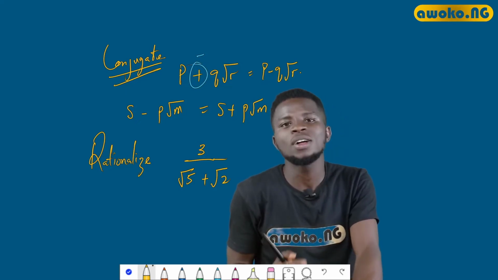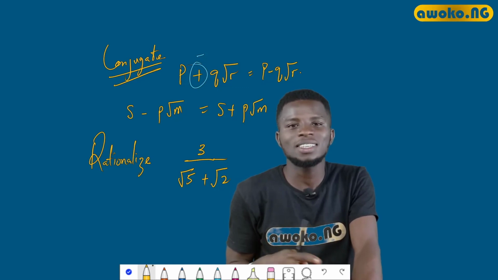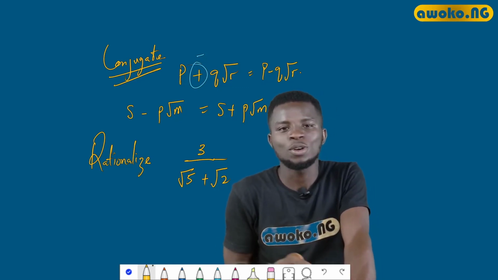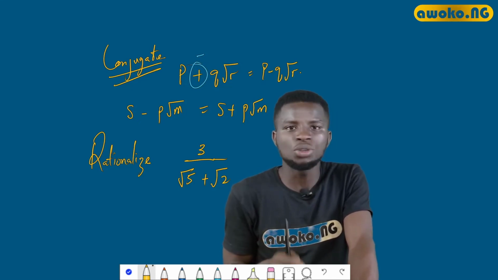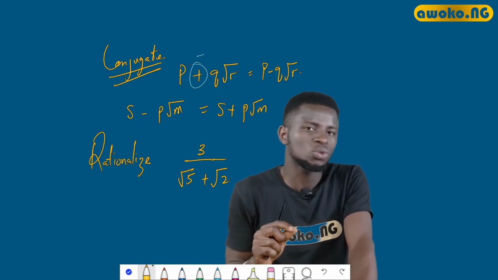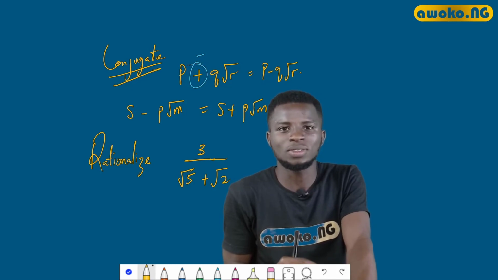Now, your guess is as good as mine as to the first step to take. I said you look at the numerator and the denominator. But first, our focus will be on the denominator because that is what we are concerned about.